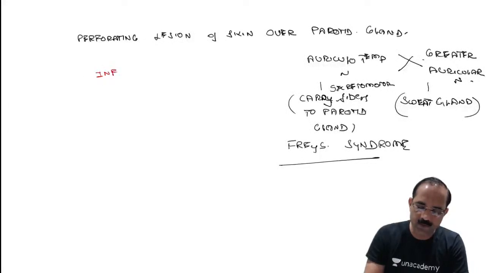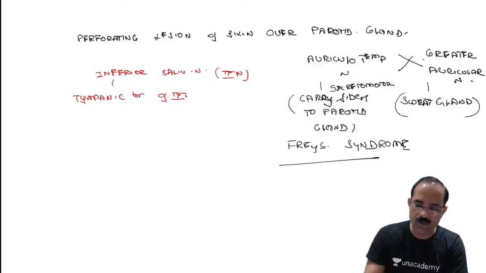Okay, I'll just make this for you. Inferior salivatory nucleus, that's the nucleus of the glossopharyngeal nerve. Its tympanic branch, what is that known as? Jacobson's nerve. It forms the tympanic plexus.